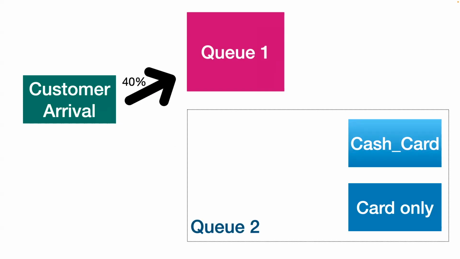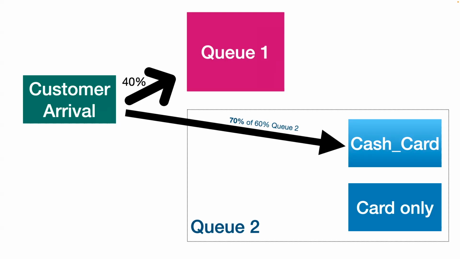Instead of specifying Q2 literally, we can specify how we route customers from customer arrival directly to 2 new queues. So we will route 70% of the 60% for Q2 to a new queue called cash-and-card.